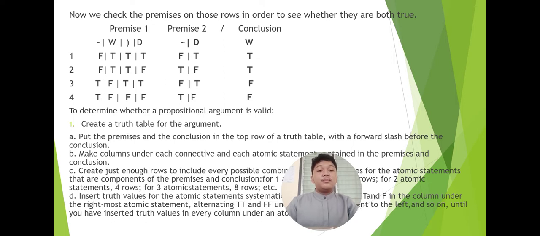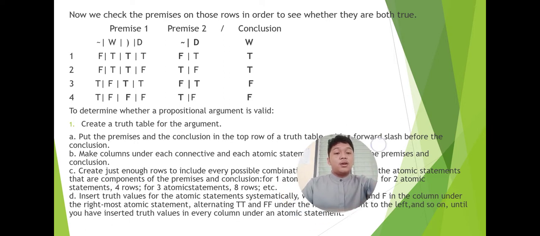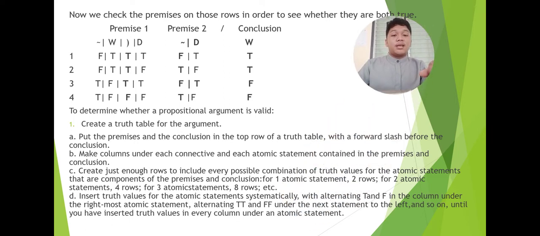So, to determine whether a propositional argument is valid, we need to create a truth table for the argument. In creating this argument table, we need to put the premises and the conclusion in the top row of our truth table with a forward slash before the conclusion. And then, we make columns under each connective and each atomic statement contained in the premises and conclusion.